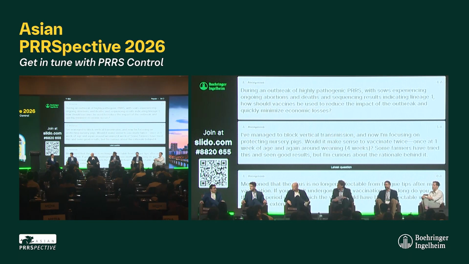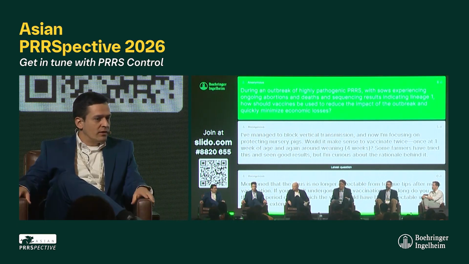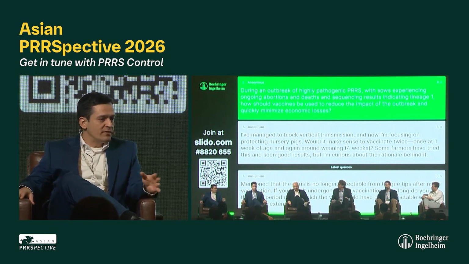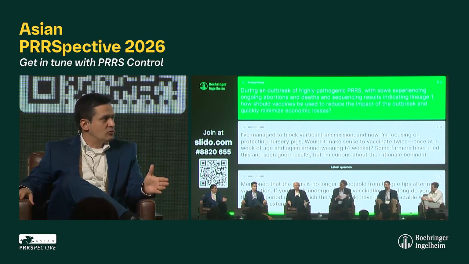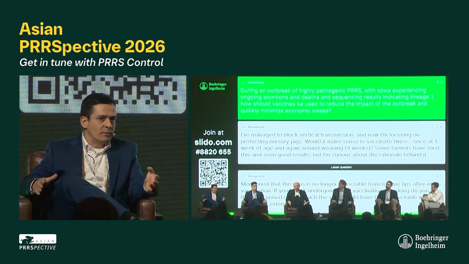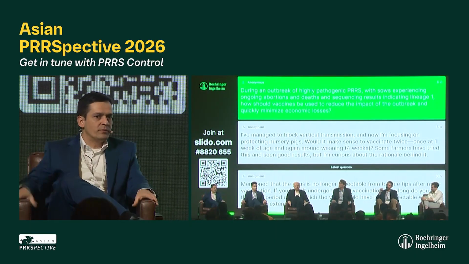Well, from the data we collect from the PRRS outbreak management program back in the US, based on what we see there, the sooner the better. The sooner they implement the load, close, expose, the quicker they're going to get to that stage of stability, the quicker they're going to get to that stage of getting subclinical, meaning recovering the production losses.